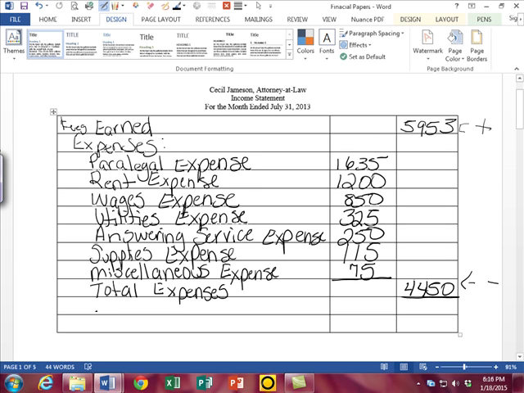We write net income: 5,953 minus 4,450 equals $1,503 net income for the company for the month of July. So revenue earned of 5,953, less total expenses of 4,450, resulted in a net income of $1,503.